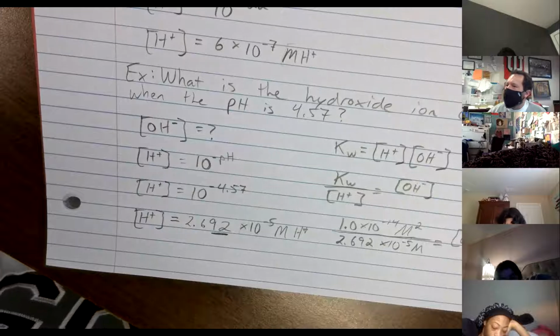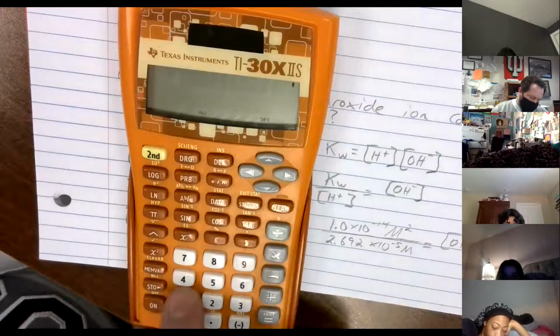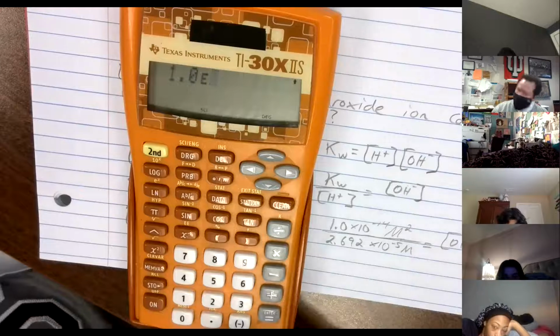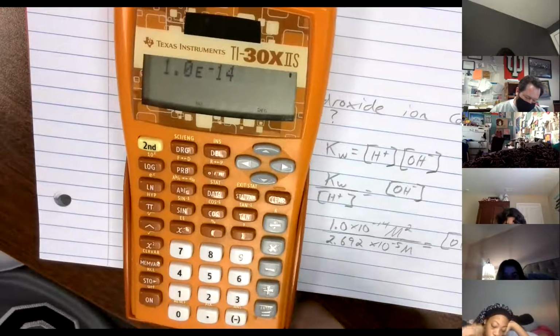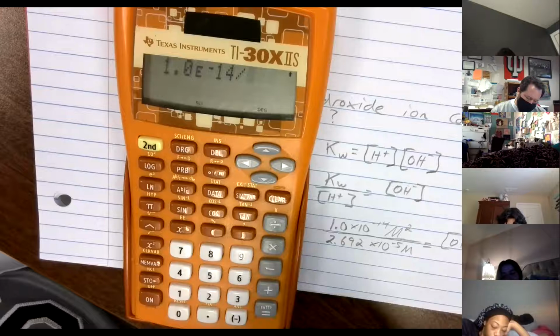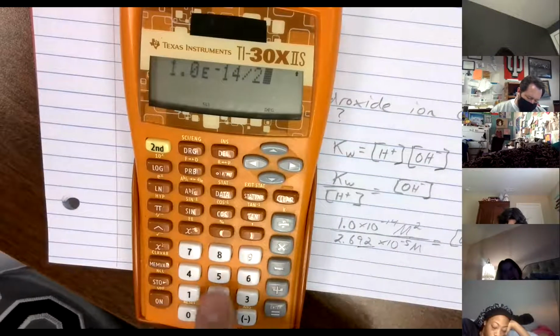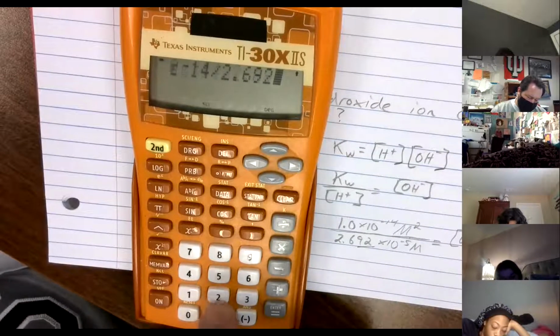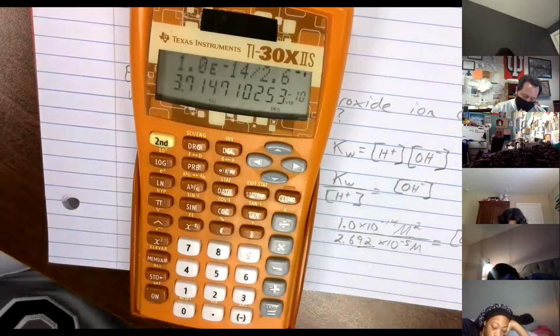Again, let's use those calculators. Use them with me. Get the practice in. 1.0 second big E negative 14 divided by, and I make sure I underline those extra digits there, 2.692 second big E negative 5.